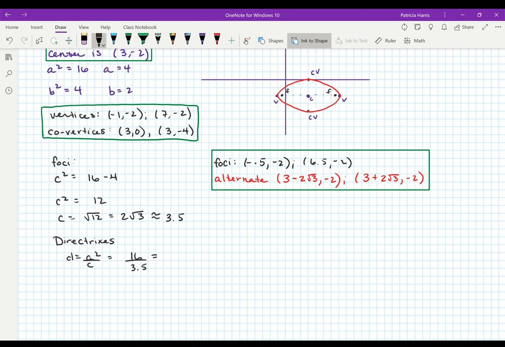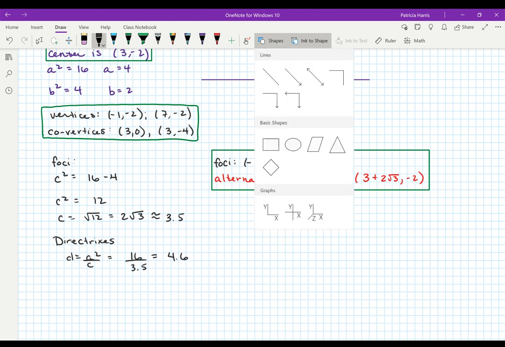Get your calculator out. 4.6. Okay, so that's going to be 4.6 from your center. And remember, it's perpendicular to the major axis. So 1, 2, 3, 4.6.